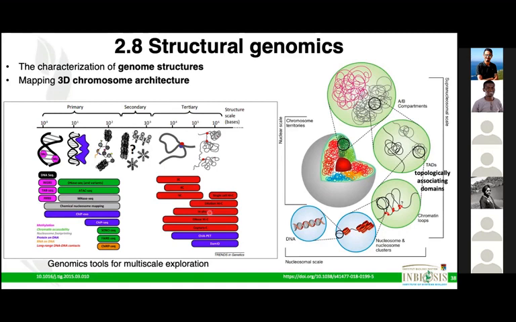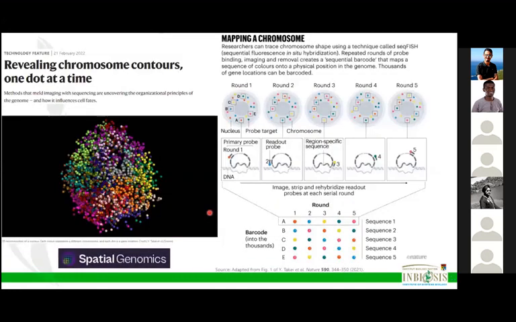And I think in human cancer, they do detect that the genomic structure actually affects whether the cell is going to be cancerous or not. But in plants, this kind of study is still limited. There's a company called Spatial Genomics that deals with this. It's quite interesting that they do this sequential fluorescence in situ hybridization sequencing.